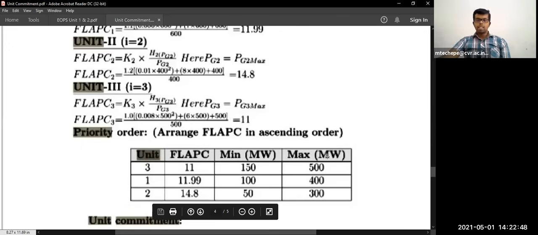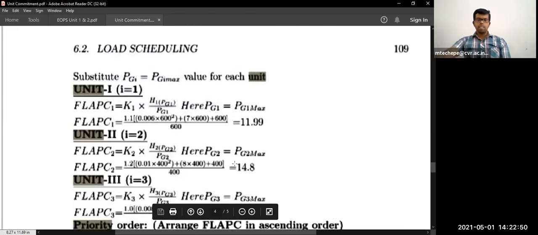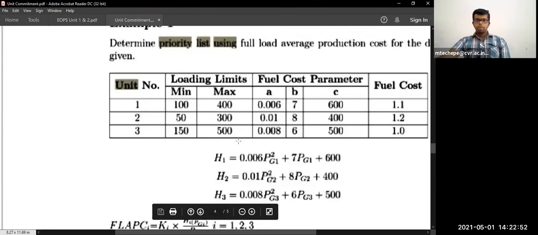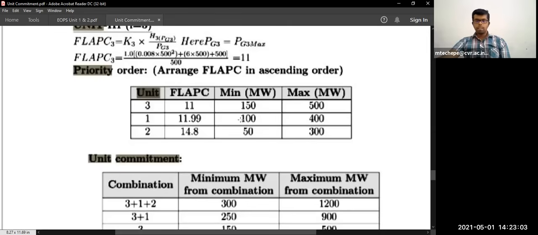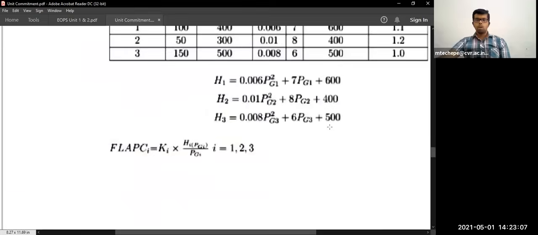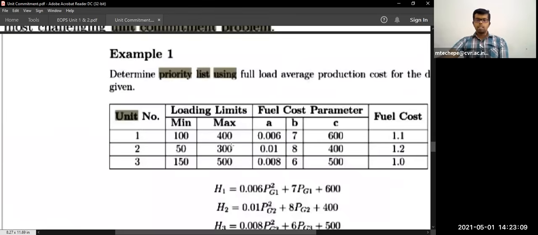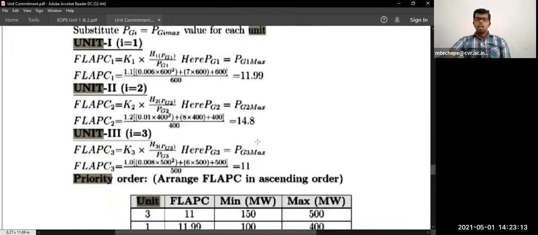Correspondingly, minimum and maximum megawatt we have to write, as given over here. For unit 3 it is 150 to 500, for unit 1, 100 to 400, and for unit 2, 50 to 300. Corresponding to that unit's FLAPC, you have to write this minimum and maximum.